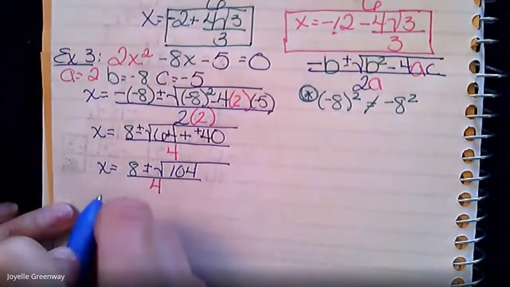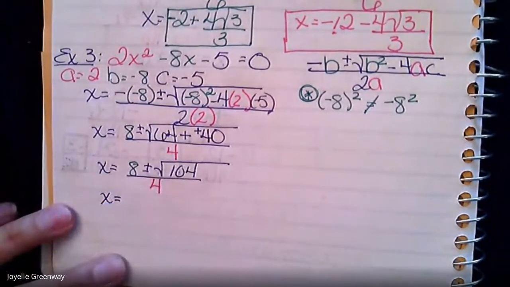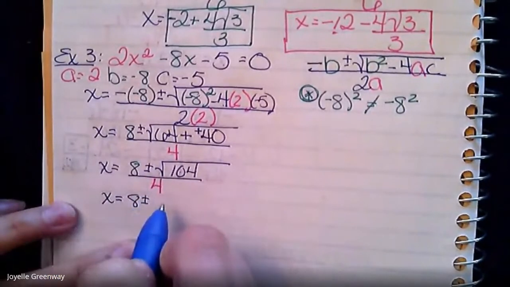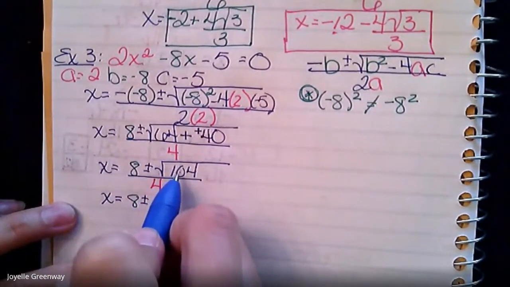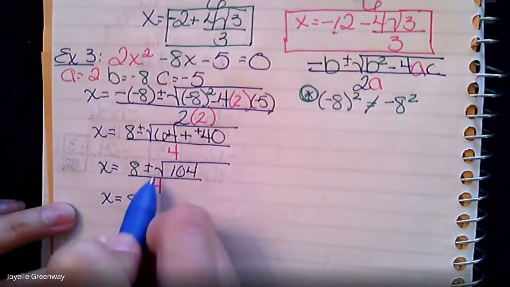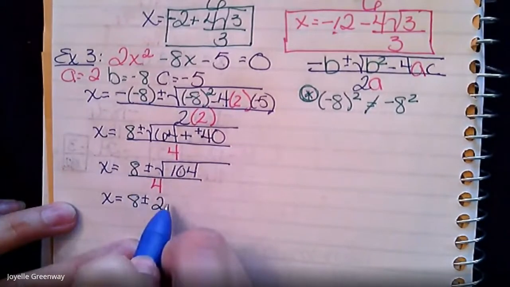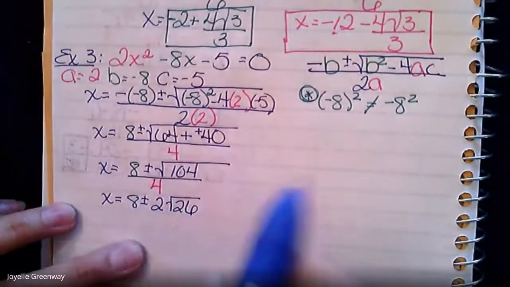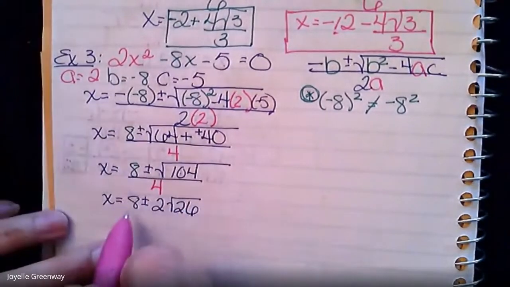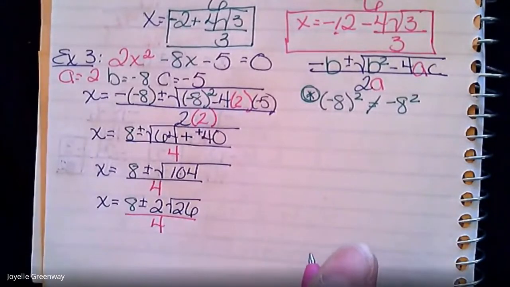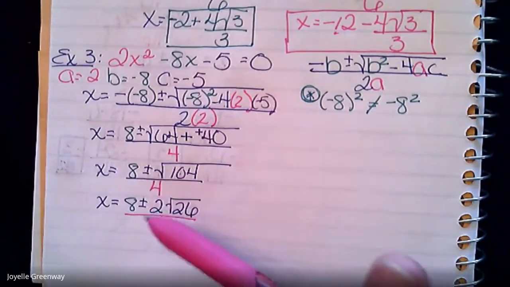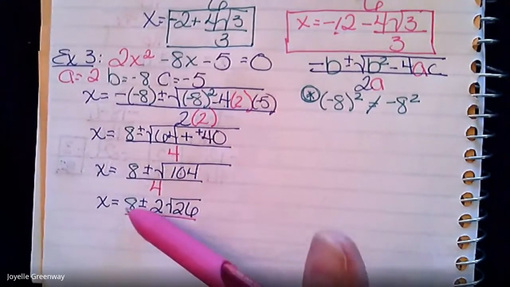So I have x is equal to 8 plus or minus. So remember, I said that was 4 times 26. Take the square root of 4 out. I get 2 radical 26 over 4. So I could divide everything by 2, right?